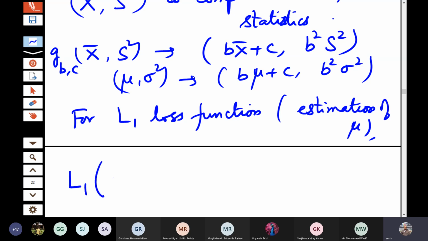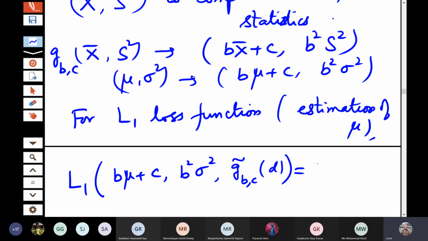L1 of (b mu plus c, b square sigma square, g tilde of (b, c) d) is equal to L of (mu, sigma square, d).